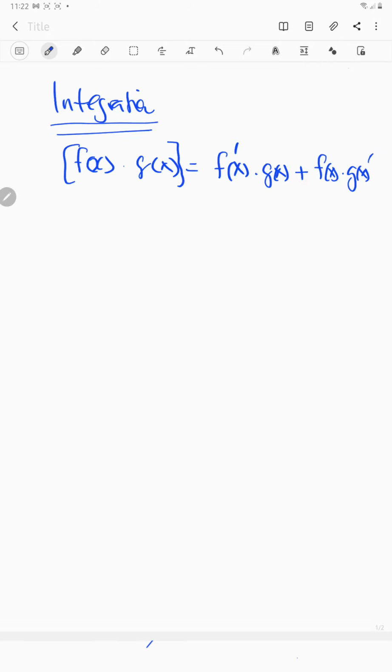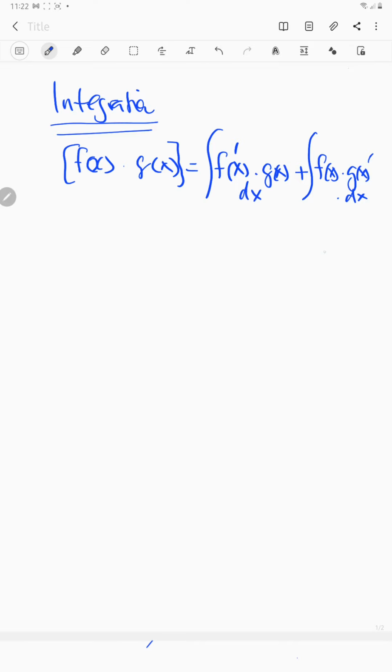This is what we know. Now, what if these are integrals? Then we can put integration here and there, with dx on each side.